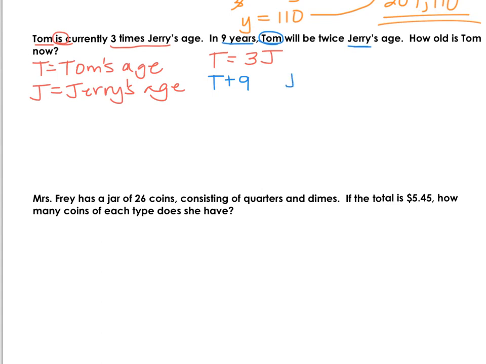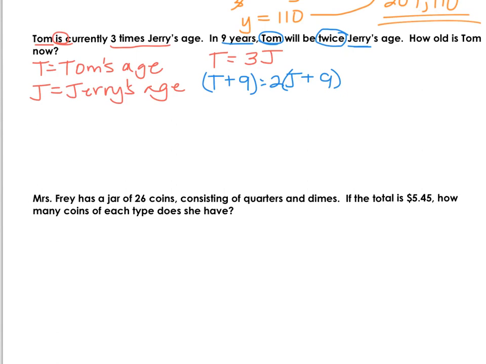That would be J plus 9. They both get 9 years older in 9 years. But how they compare to each other is that twice. It says Tom will be twice Jerry's age. So the left side is equal to 2 times the right side.